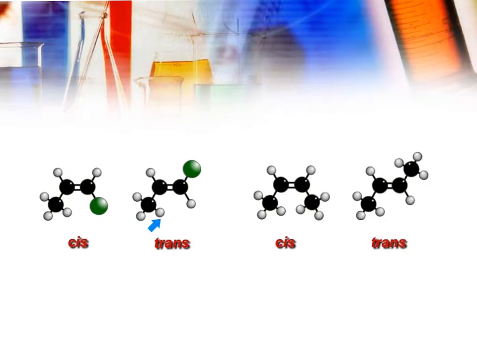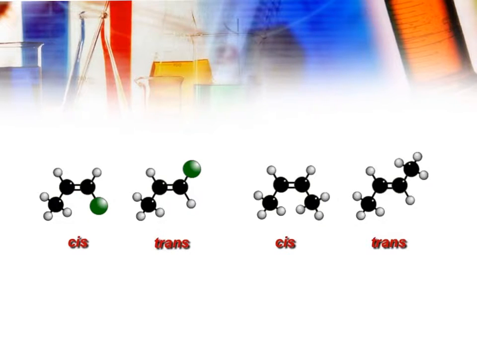In this situation, we have our methyl group on one side and our bromine on the other. They are across from one another with regard to our double bond, and therefore we use the prefix trans. Do note that these atoms do not have to be identical. We're just talking about their location with regard to the multiple bond.